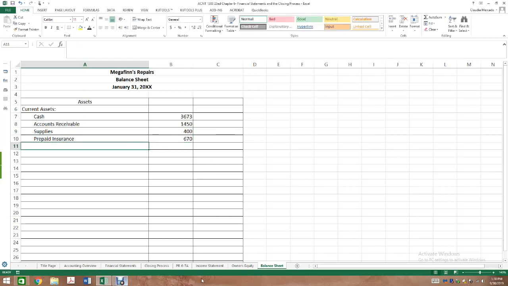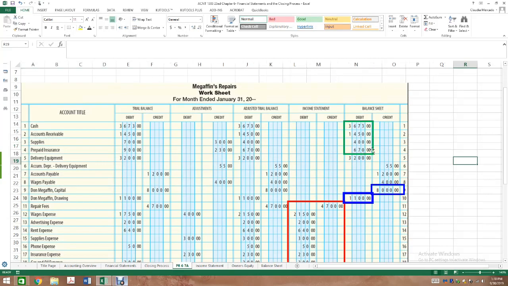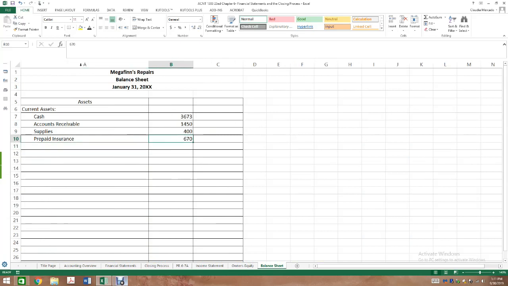These numbers are coming from your balance sheet columns. And I'm stopping there because even though delivery equipment is an asset, this particular asset is classified under property, plant, and equipment because it's going to last me longer than a year. So this is where I'm bringing my information over to my balance sheet.